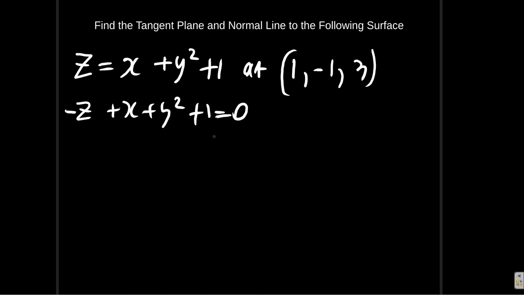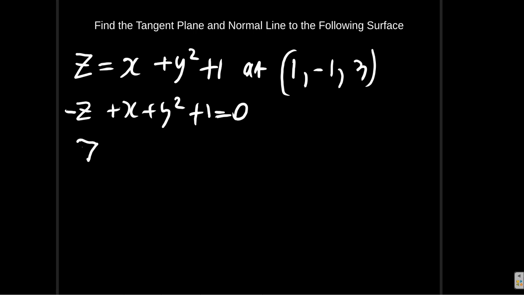Now, remember, we will need to find the gradient. When you're dealing with a tangent to a curve, you look at the gradient of the curve at that point. In this case, you're dealing with the tangent of a plane to a surface. So again, you're dealing with gradient, so you're going to have to differentiate.